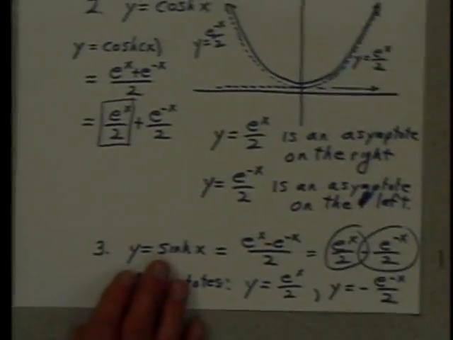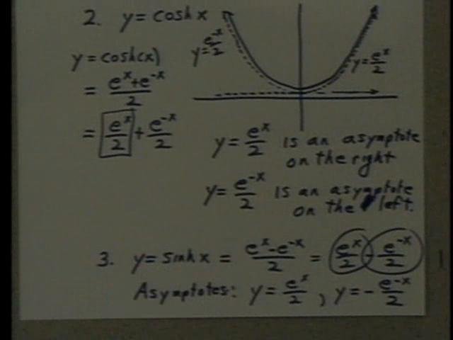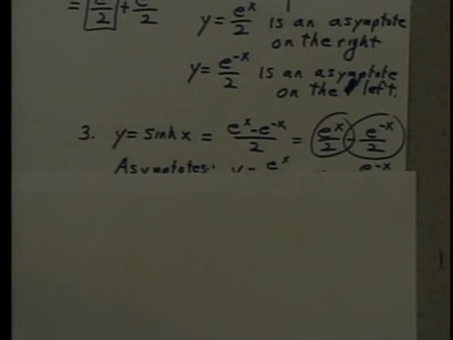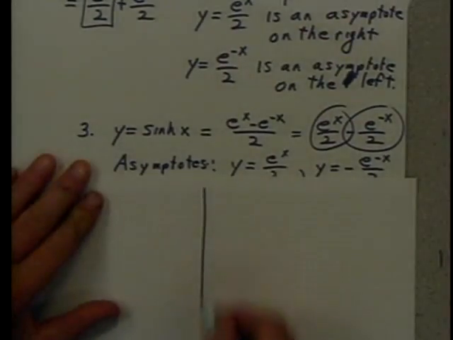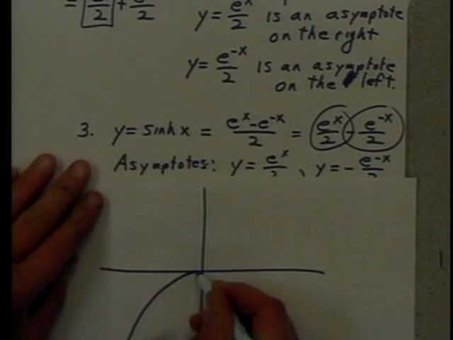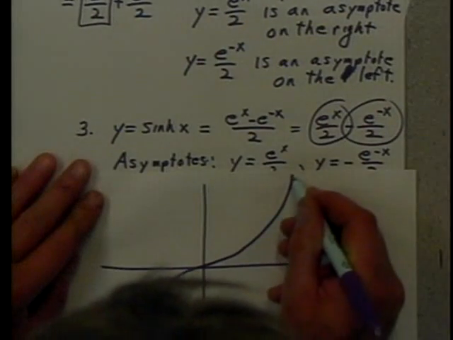Right. Okay, if you want a little record of the one we just did here, I told you what the asymptotes were, but I did not draw the results. We looked at them on the calculator. And this is what we got. The cinch curve kind of went like this.